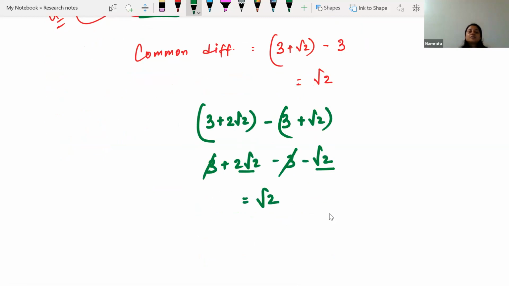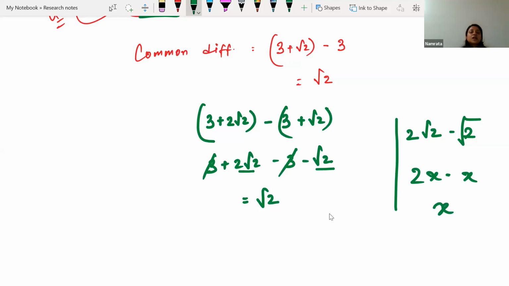Yes or no? Do you know this calculation? Whenever we are having 2 root 2 minus only root 2, that means we can assume it like 2x minus x. That is only x, right? Yes. And basically from where did this concept come?